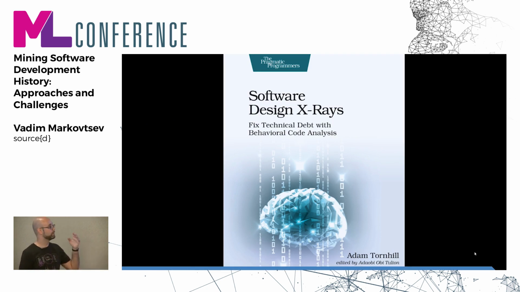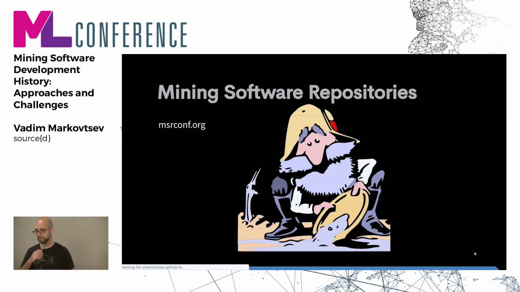The first is the book written by Adam Thornhill, from which I took some of the ideas for the examples I presented. It's called Software Design X-Rays. It's a really nice book about how you can mix psychology and development together, and also some mining elements.